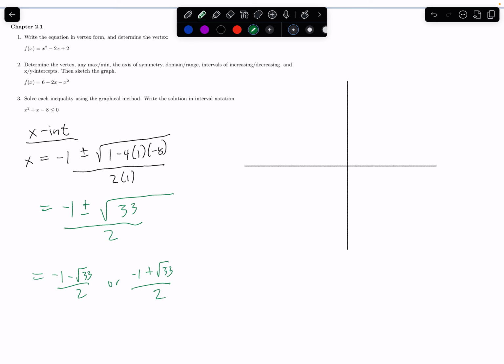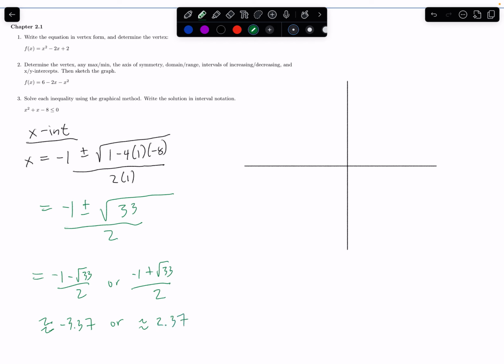And those are kind of ugly numbers, so I'm just going to approximate them. -1 minus the square root of 33, divided by 2, is approximately -3.37. Or -1 plus the square root of 33, divided by 2, is approximately 2.37.